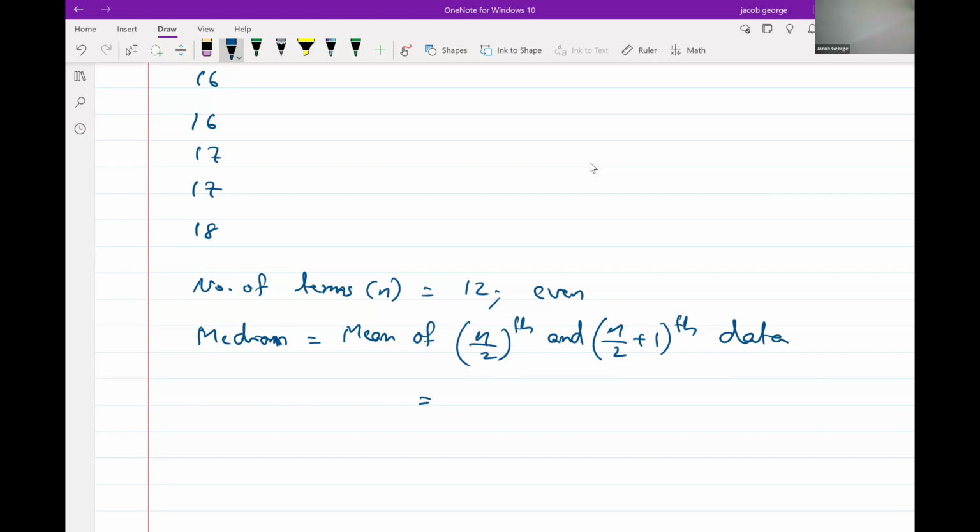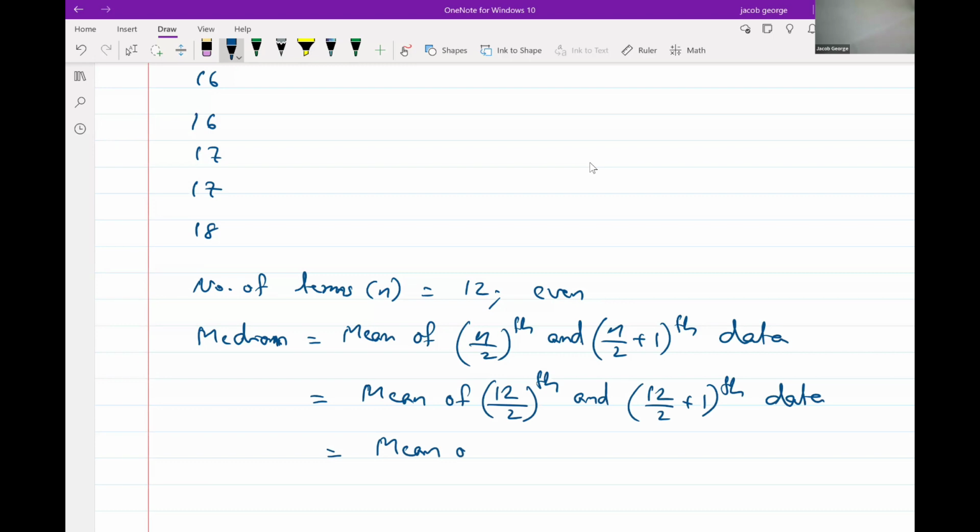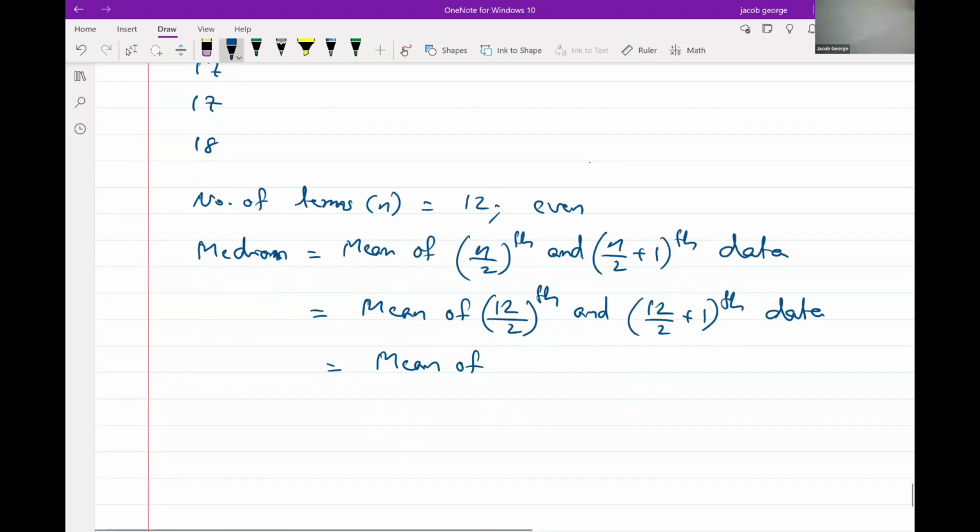So this is equal to mean of 12 by 2th and 12 by 2 plus 1th data, which is mean of the 12 by 2. 12 by 2 is how much? 6th and 7th data or 7th term.